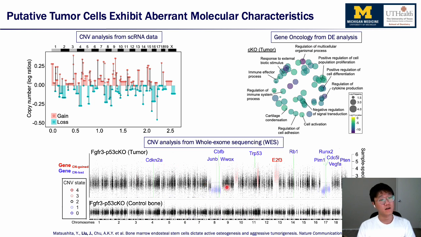We see genes with significant loss, colored in blue again, and regions with significant gain, colored in red again. And finally, we did a gene ontology analysis using the differentially expressed genes in the tumor cells. It suggests some really interesting terms related to tumor development, such as positive regulation of proliferation and response to external stimulus.